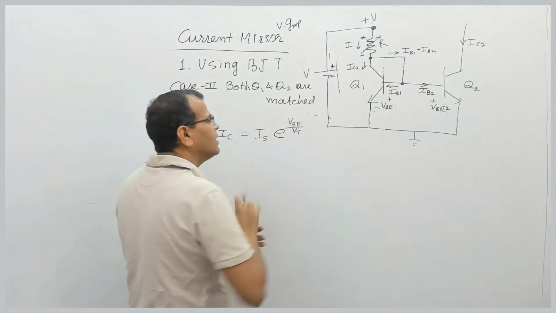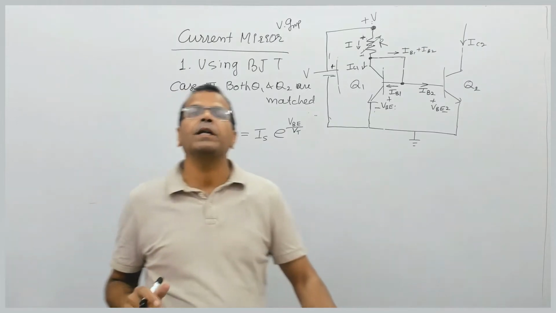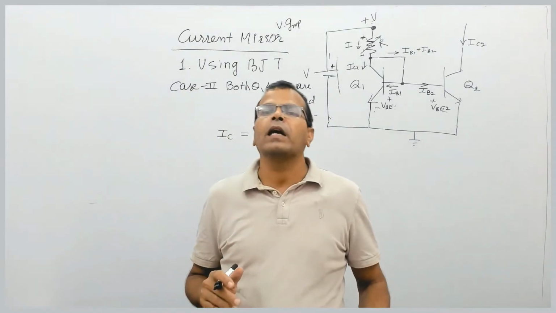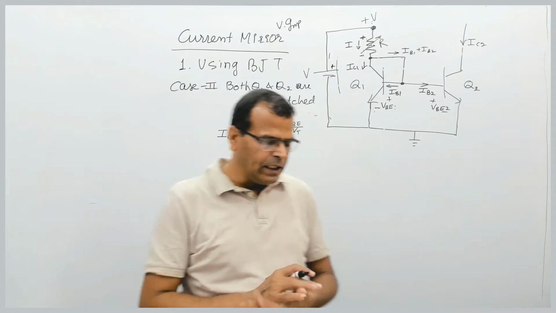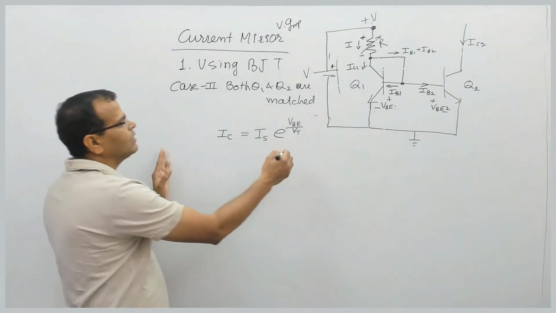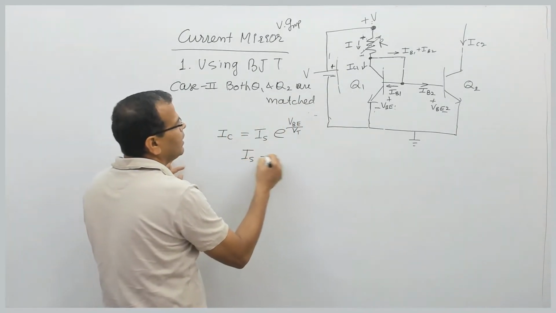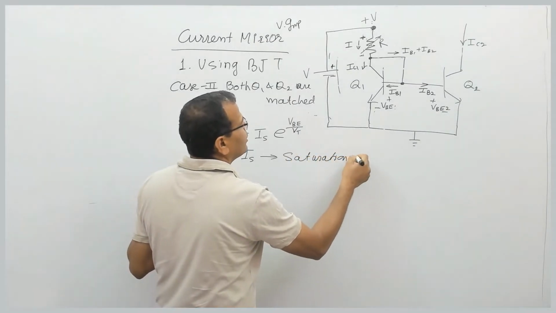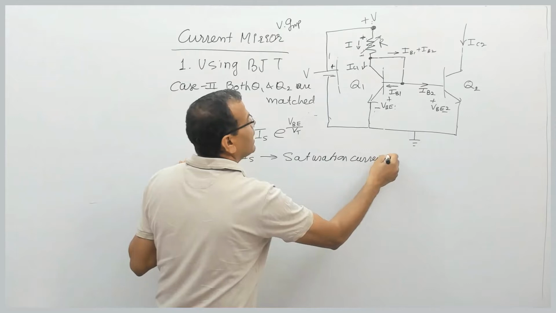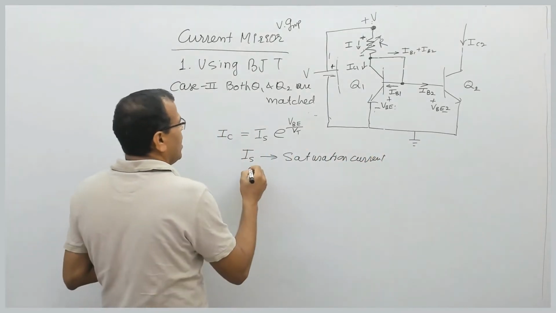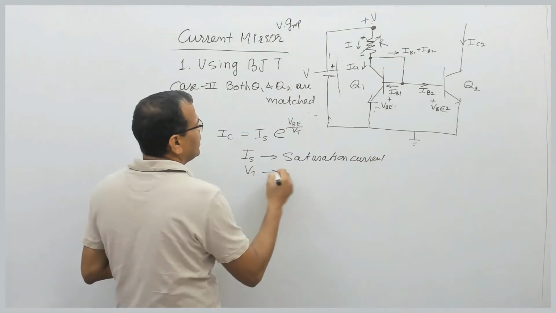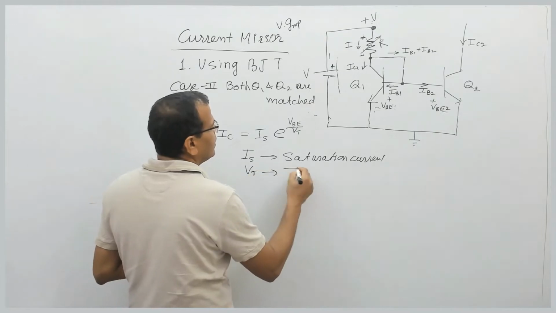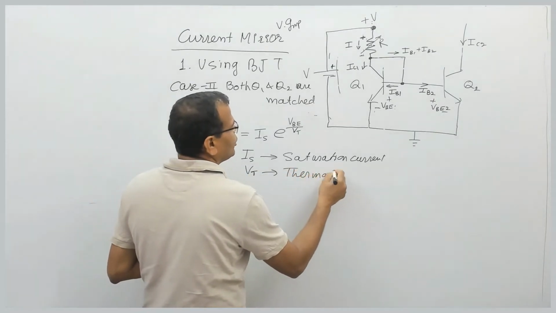If you remember it, that's fine. If you don't remember it, please do remember. The collector current of a BJT is given by this, where IS is saturation current. IS is what? Saturation current at the emitter junction. And VT is the thermal voltage.